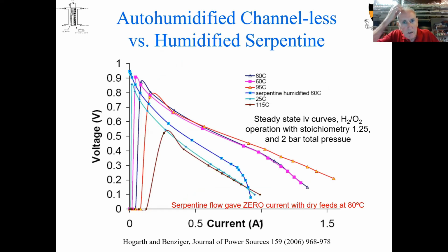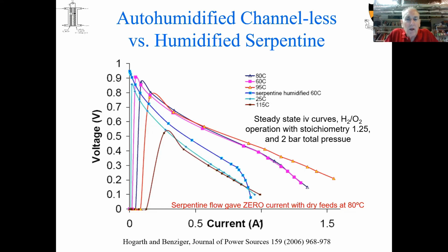Auto-humidified serpentine. The blue line in the middle, which shows this sudden drop off, is the serpentine flow design operated with humidified feed at 60 degrees.